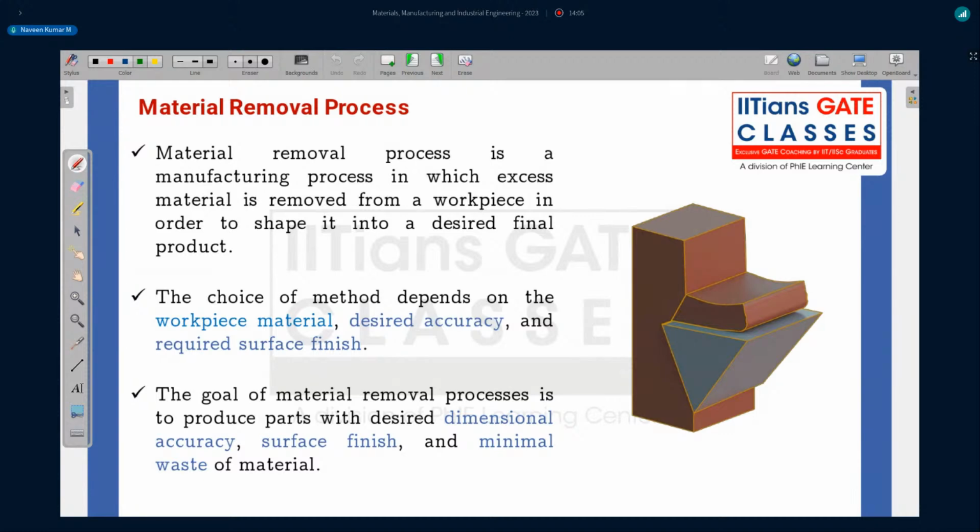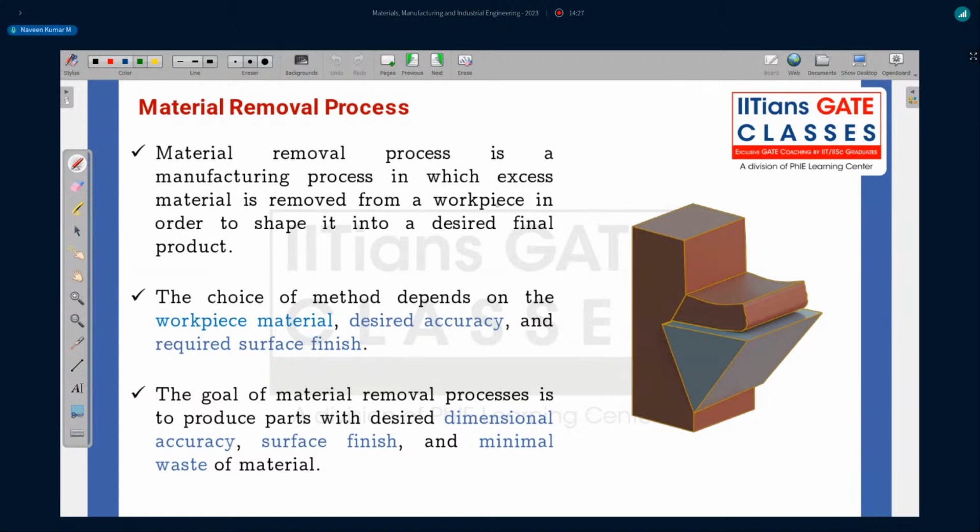So based on the manufacturing or machining process, we'll be able to tell how the material removal is happening. So the material removal process is removing the material from the workpiece to get the final desired product.